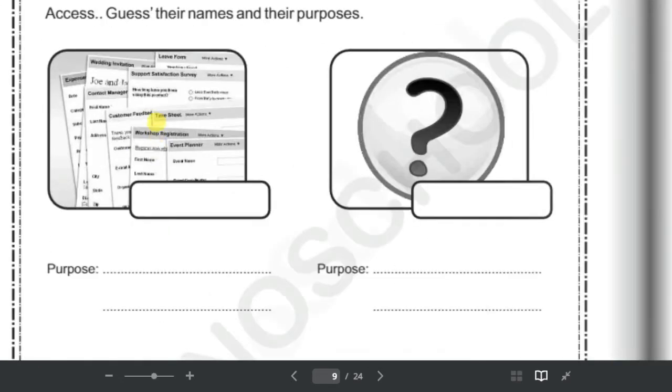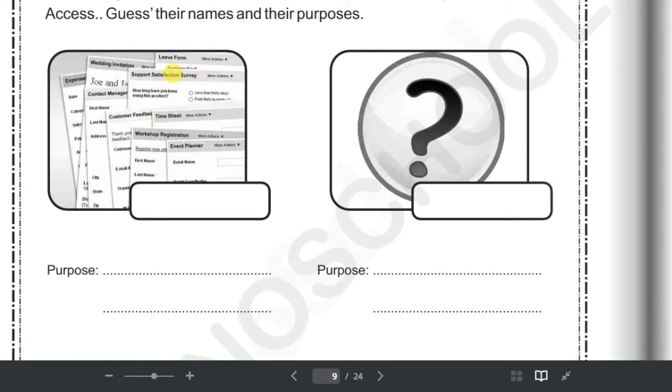You can see here the format for leave form, support satisfaction survey, timesheet, workshop registration, event planner. You can see some title, and after that we have some questions, and it looks like forms. Once you have created a table in MS Access, you can present your table using forms. So this picture indicates forms in MS Access.